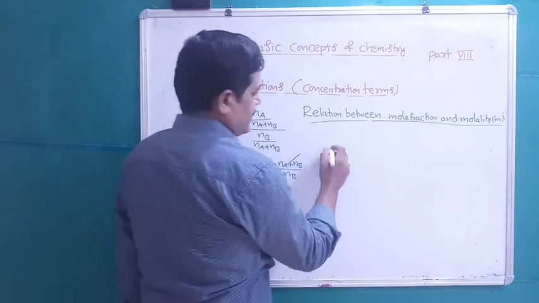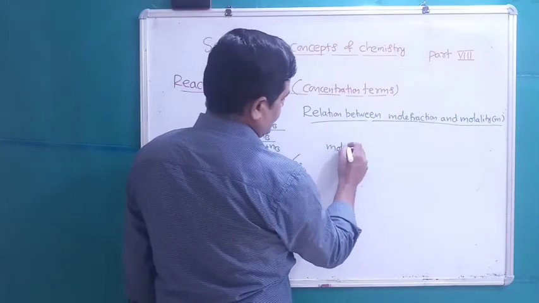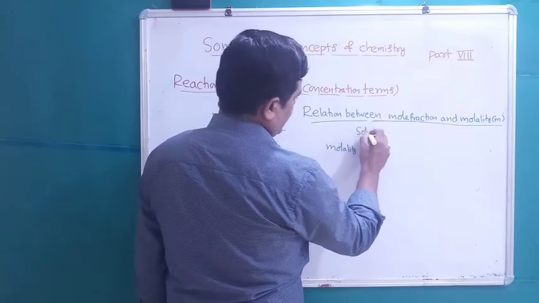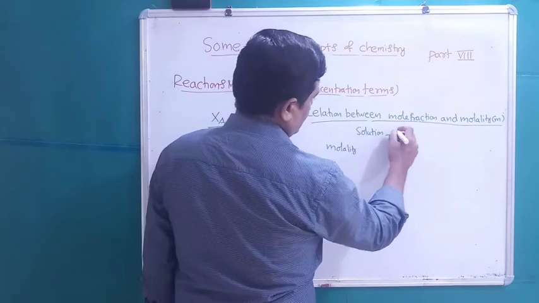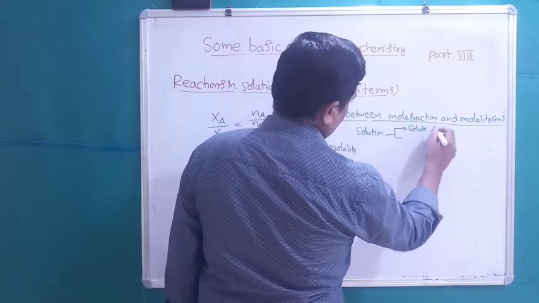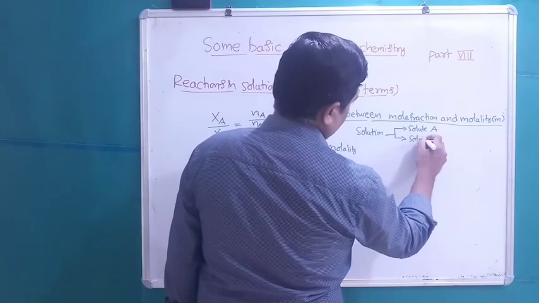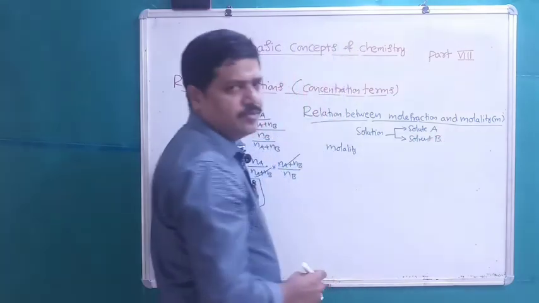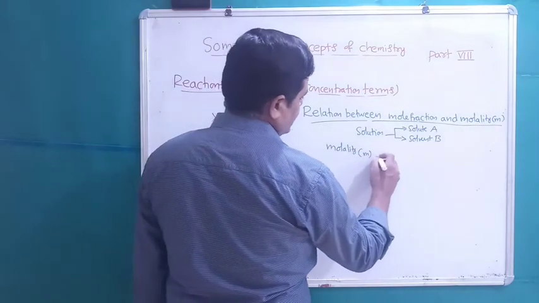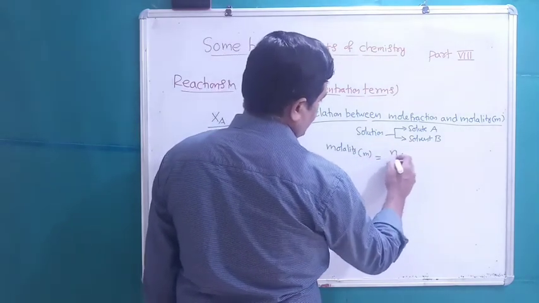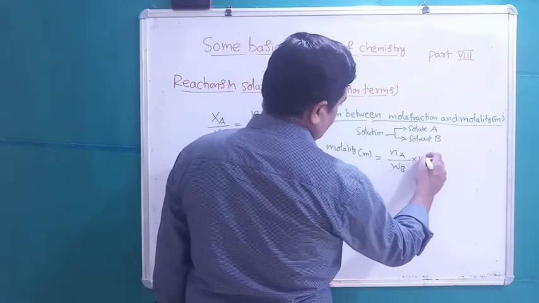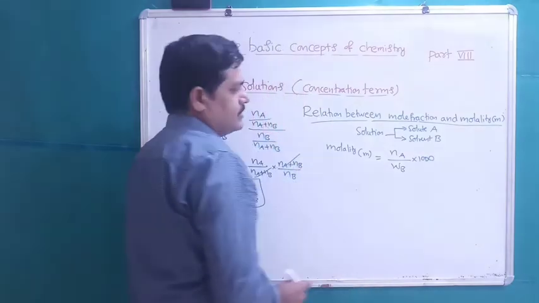Here we are taking a solution in which solute is A, solvent is B. Molality, small m, is equal to number of moles of A by weight of the B, if it is in grams, multiplied by 1000. This is a formula.